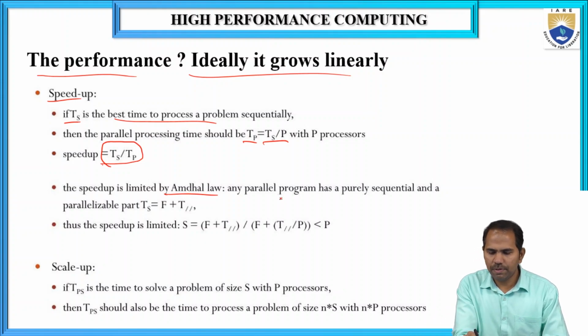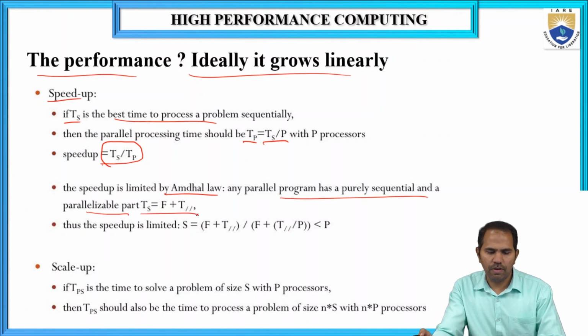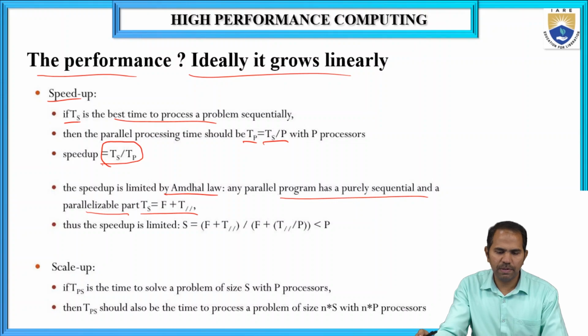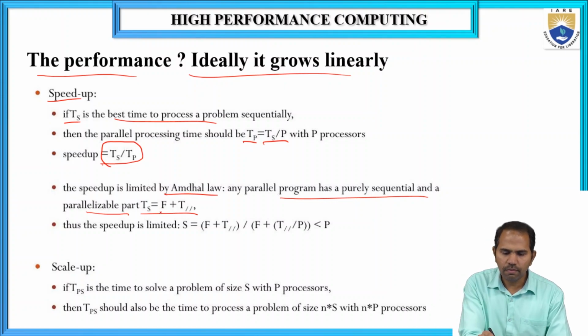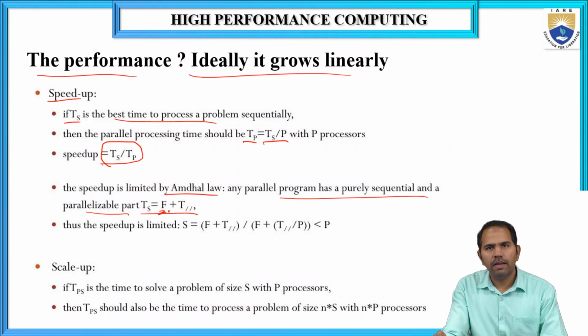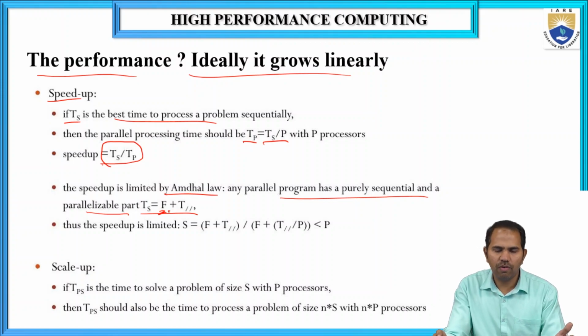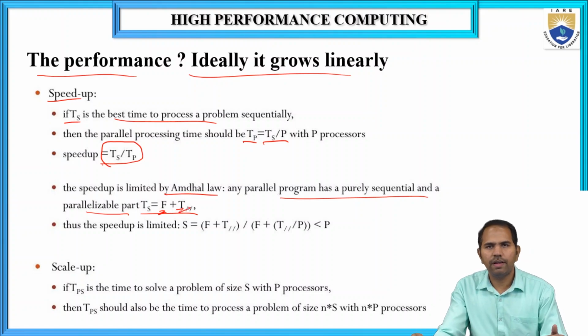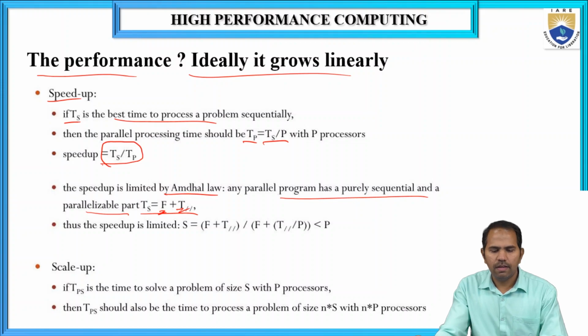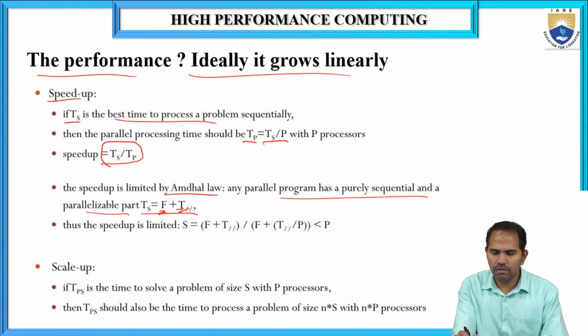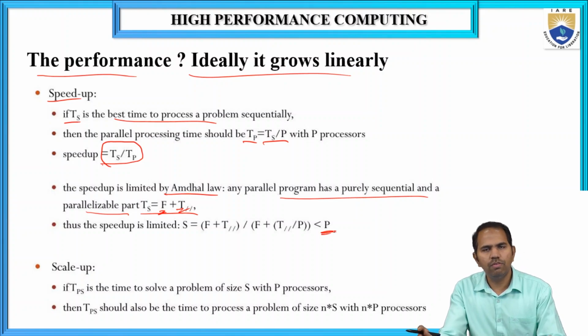The parallel program is purely a sequential part and a parallelized part, so TS equals F plus T. Whether enhancement for processing is required or not, you take these two and compute with Amdahl's law. The speed up is S equal to F plus T by F plus T by P.